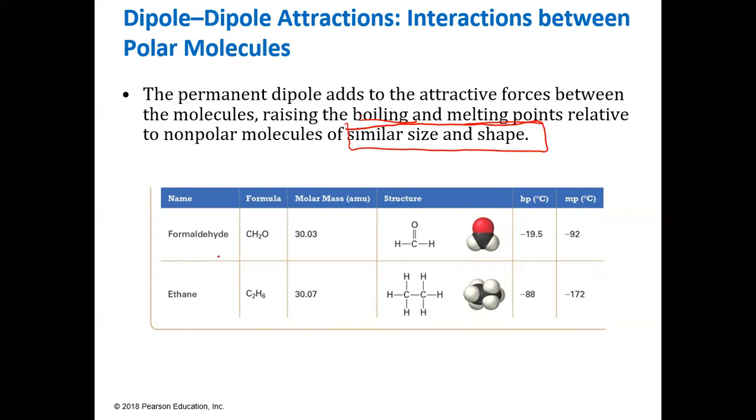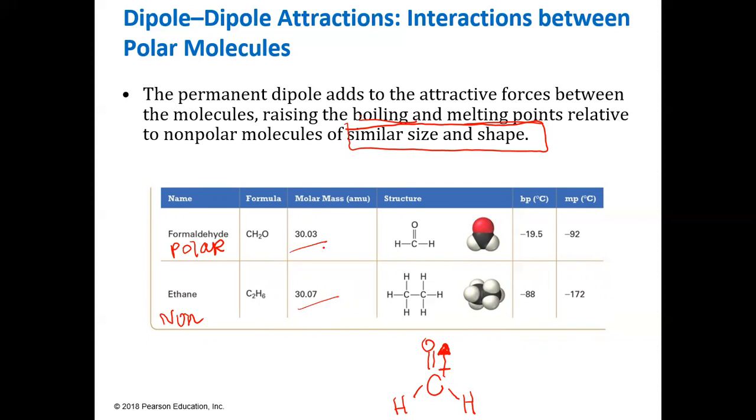Formaldehyde is polar. It's trigonal planar, but this bond is the only polar bond, making it polar. Ethane is non-polar, but you'll notice that their molar masses are very similar.